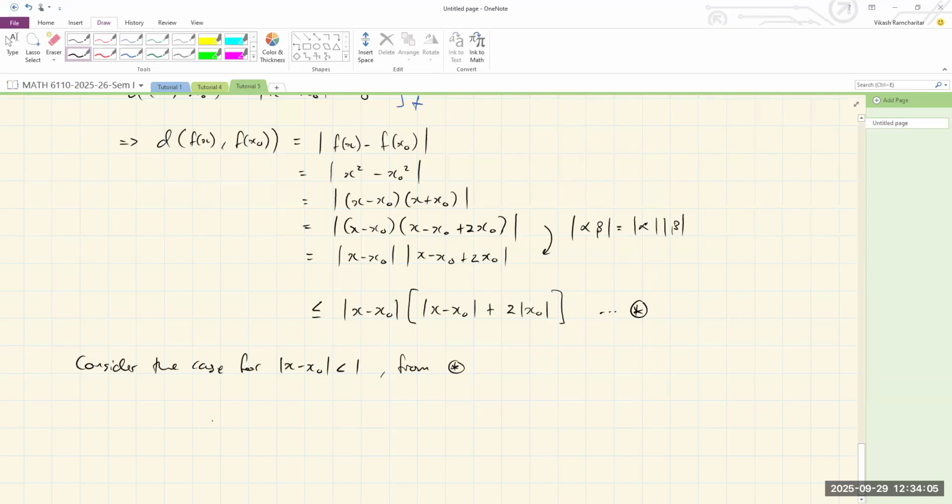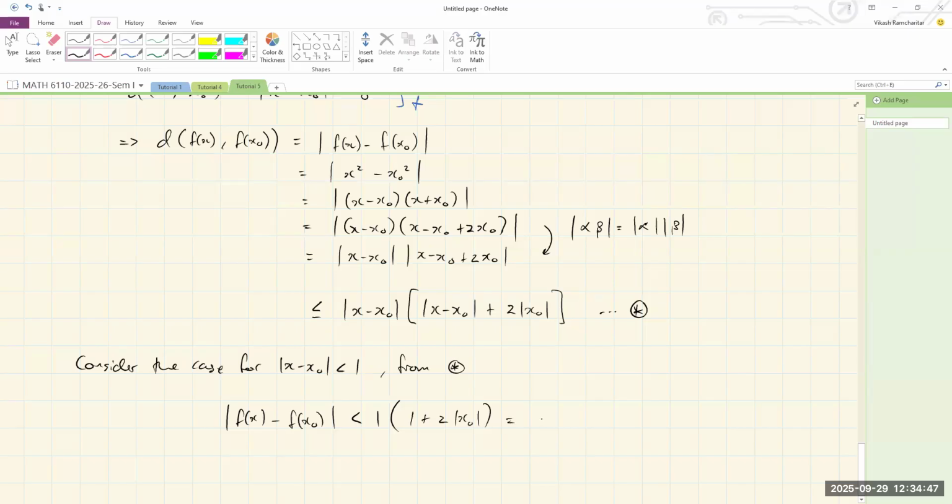From star, I will get that the modulus of f of x minus f of x0 will be strictly less than, the first guy is 1, into 1 plus 2 modulus x0.